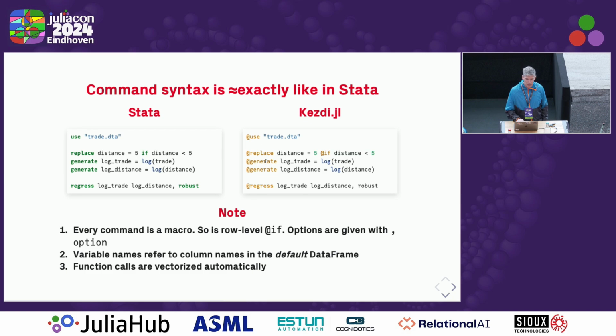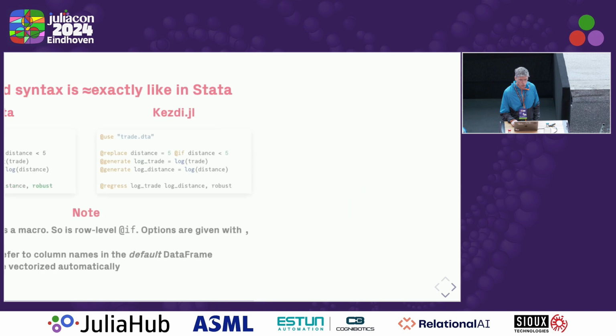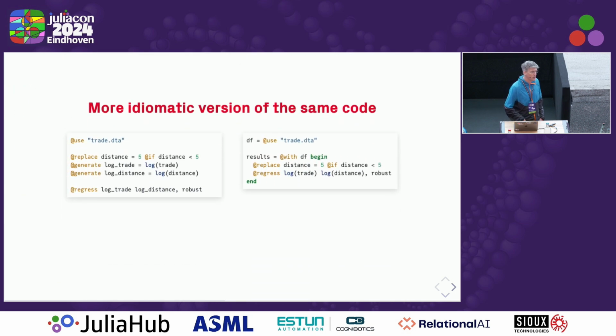So we're keeping that functionality, but our suggestion is to only use it for very quick iterative work. When you're quickly hacking together something, as soon as you have 4 or 5 lines of code, you can write this in a more idiomatic way, and you can wrap your code in a begin end block.